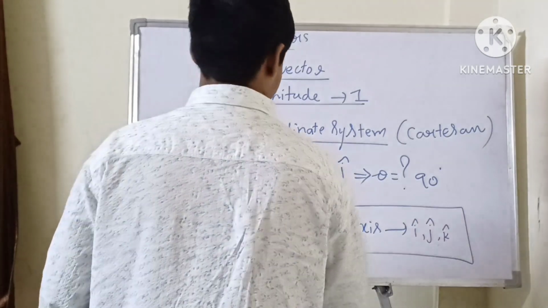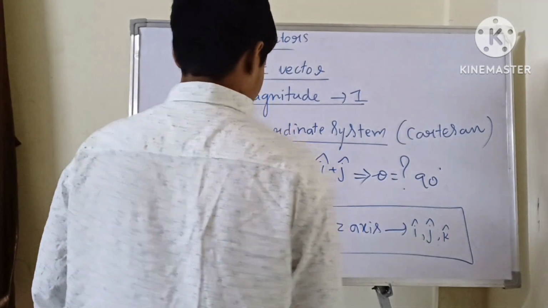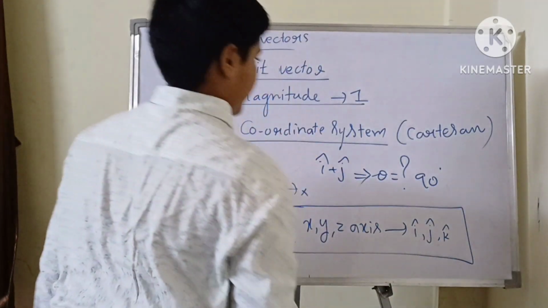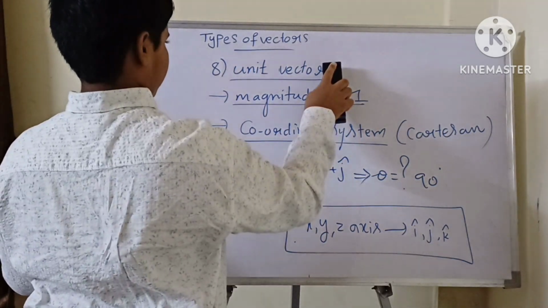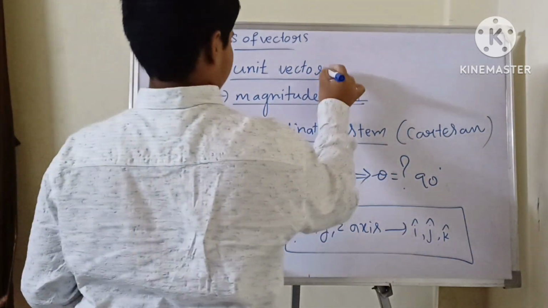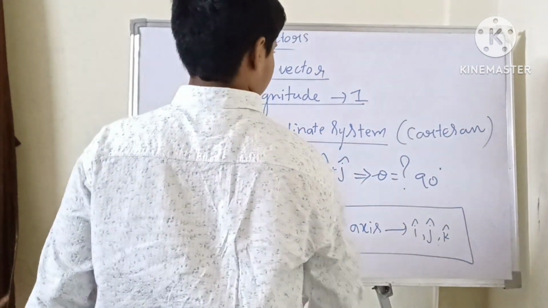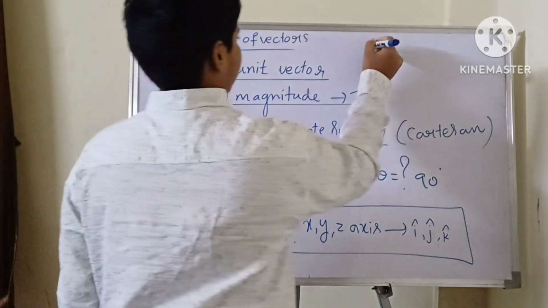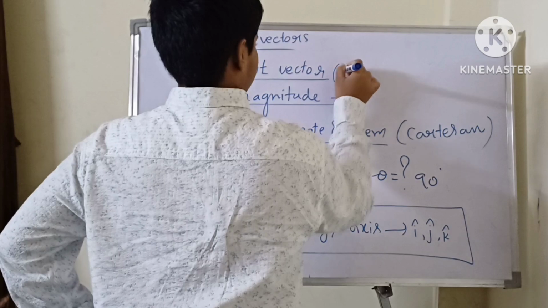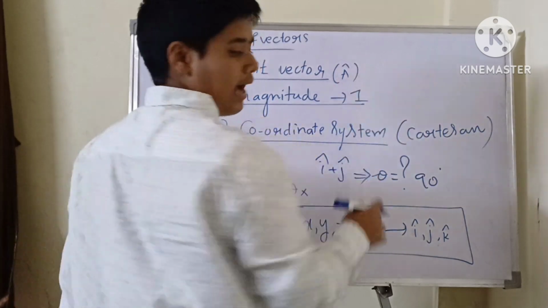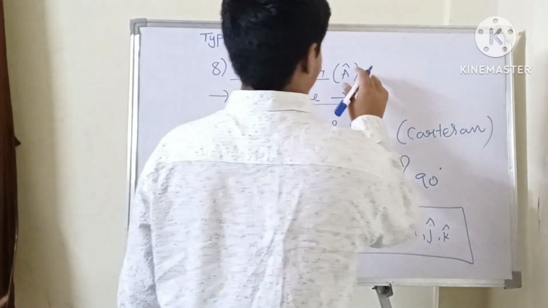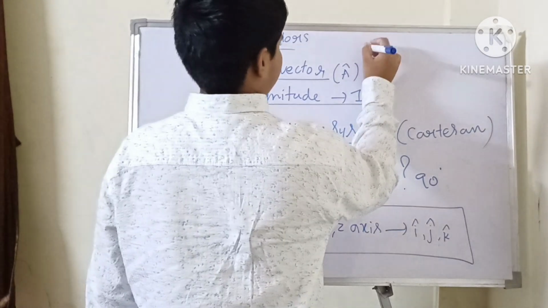In unit vector, I will write here. A unit vector is denoted as a cap, or any other small letter, not capital.